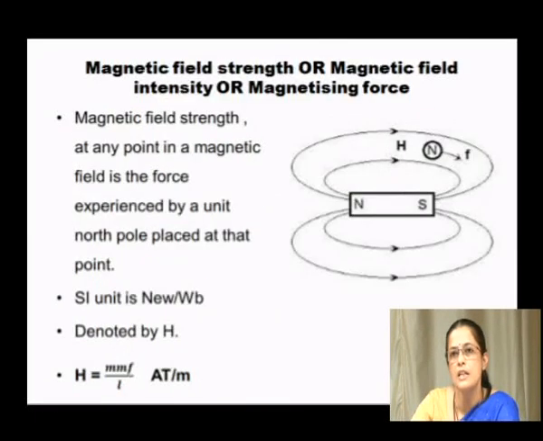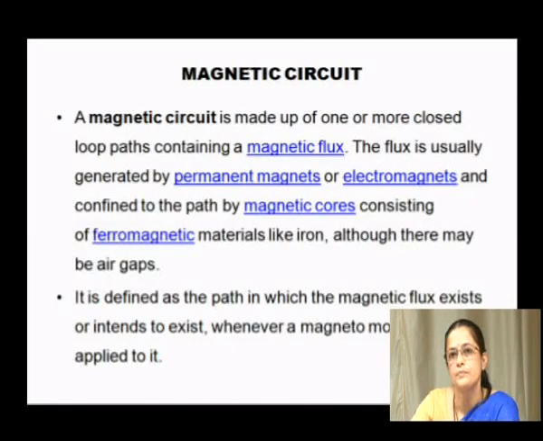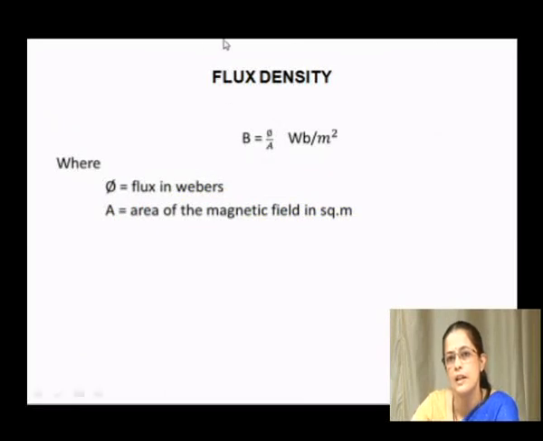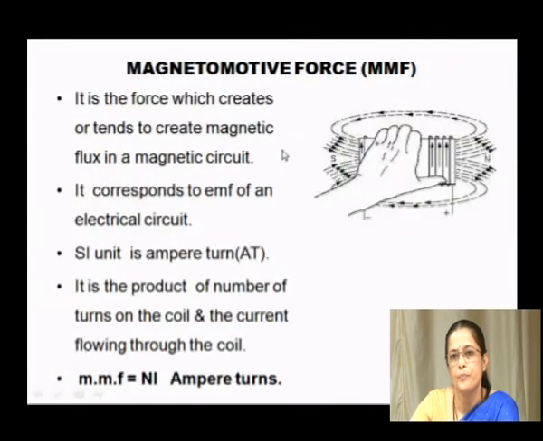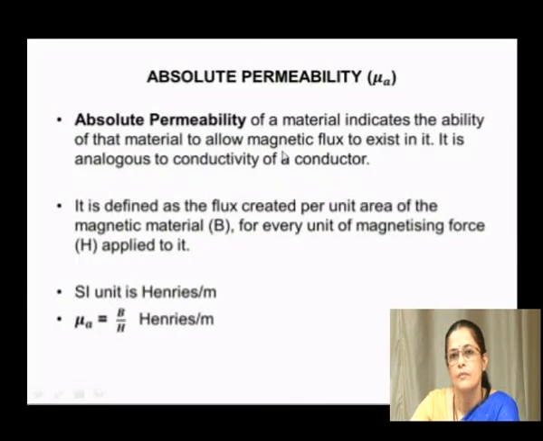We have studied flux density B, which is nothing but flux per unit area, expressed in Weber per meter squared, where phi is the flux and A is the area of the magnetic field.